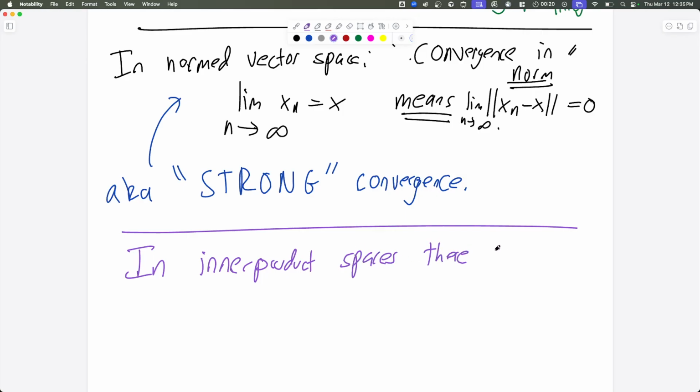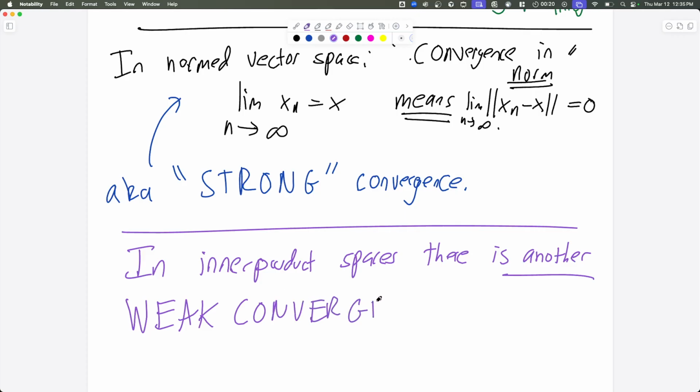there is another. It's like that scene in Star Wars. Maybe you guys are too young for that. There is another. Can anyone guess what the name of the other convergence is? Yeah, weak convergence. Weak convergence. The people who name these things really should be thrown in jail.